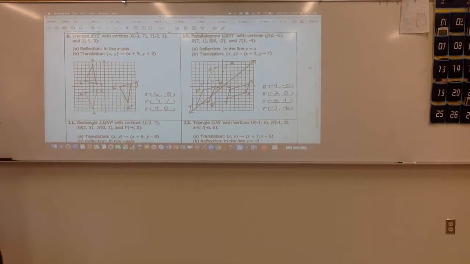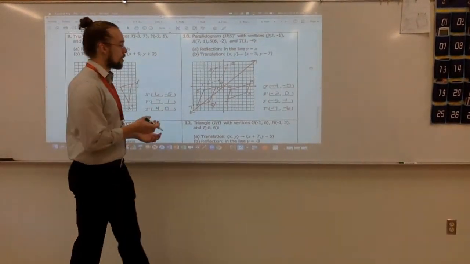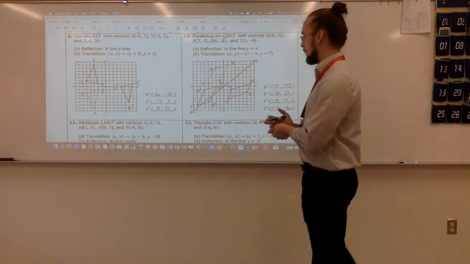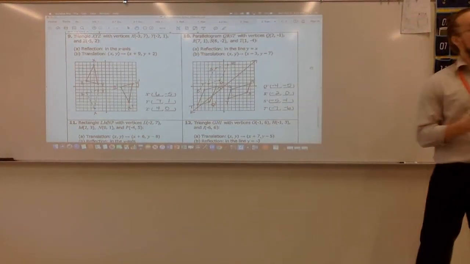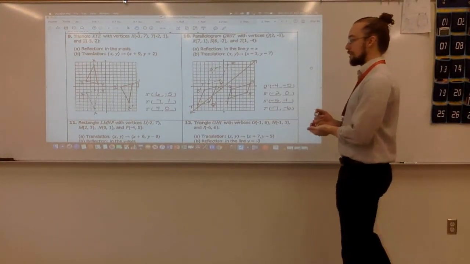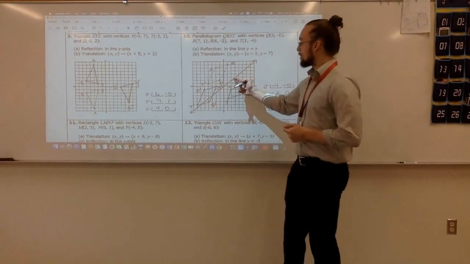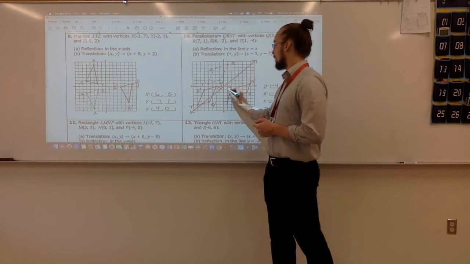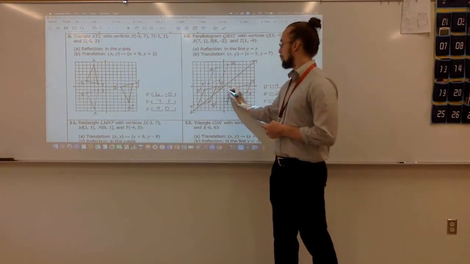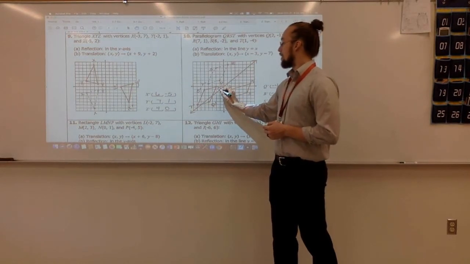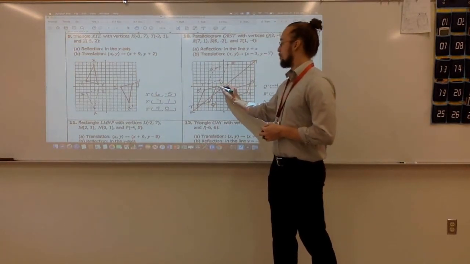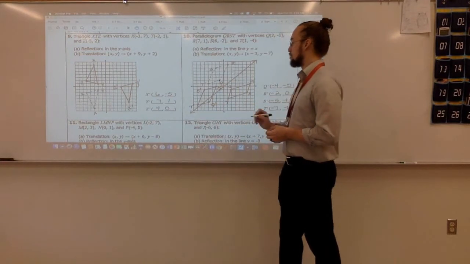As I was walking around, there were a few people who forgot how to reflect across the line y equals x. If my original figure is down here, then to reflect across the line y equals x, we count the distance to that line. So if I'm looking at Q, that'd be 1, 2, 3. Then I go up 1, 2, 3 to get to Q prime.